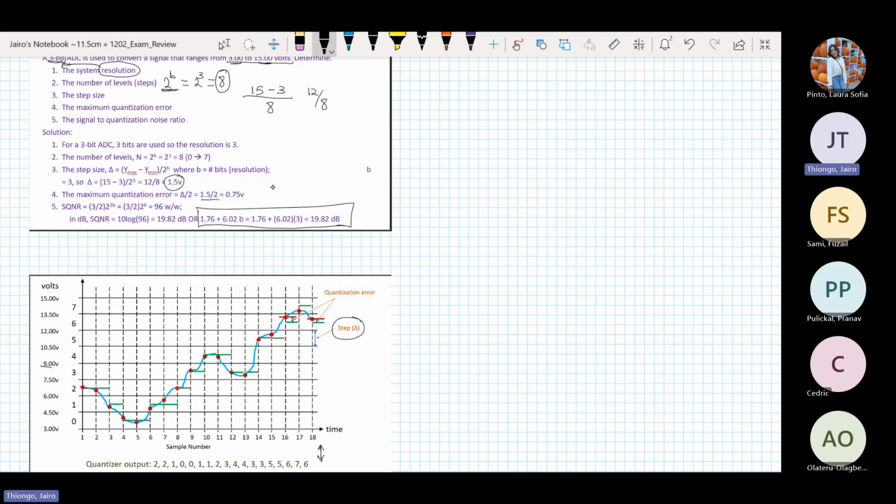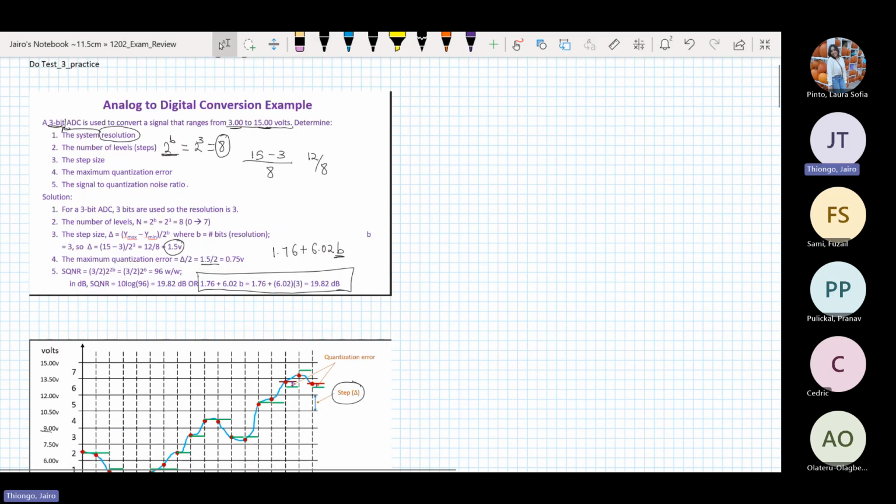You have to know it's 1.76 plus 6.02 B, B representing the number of bits given in the question. It's always helpful to read the question and get the data that you're given, because you may confuse and put in a different number.